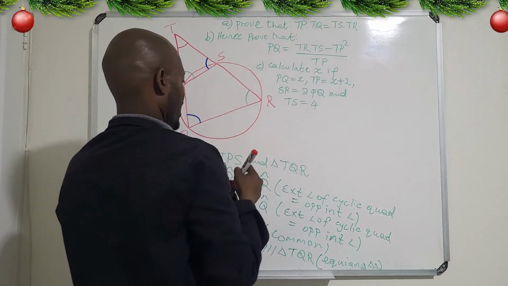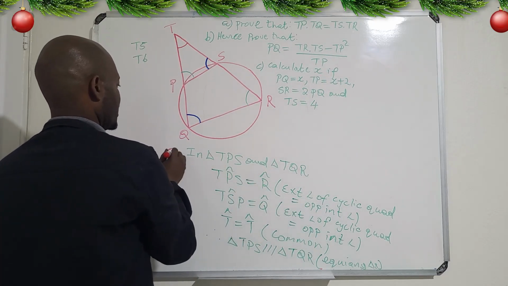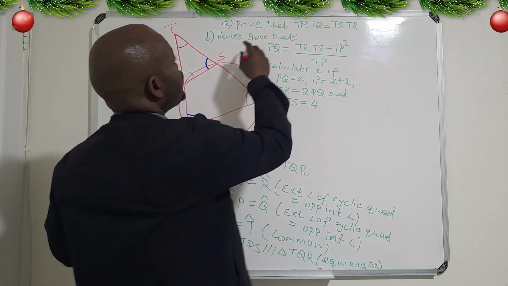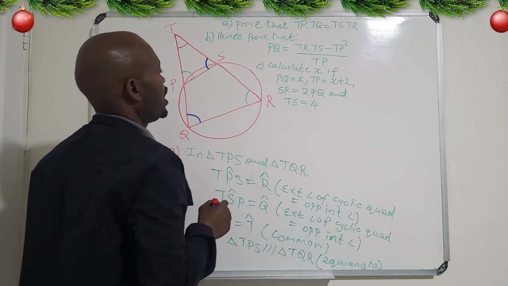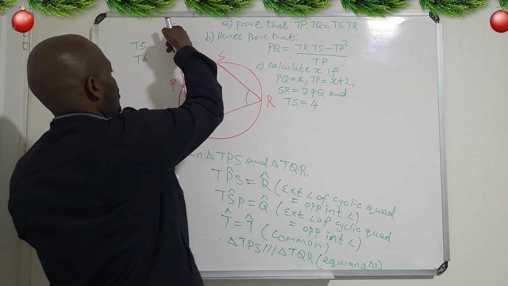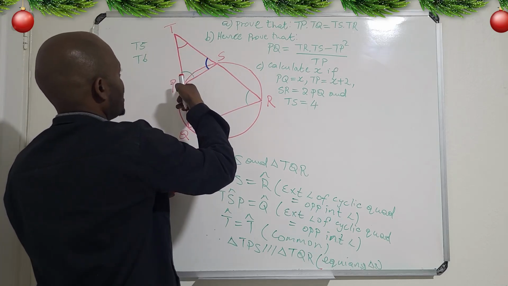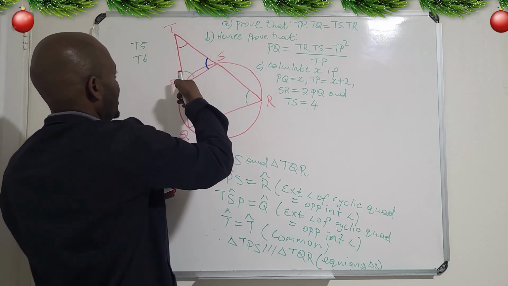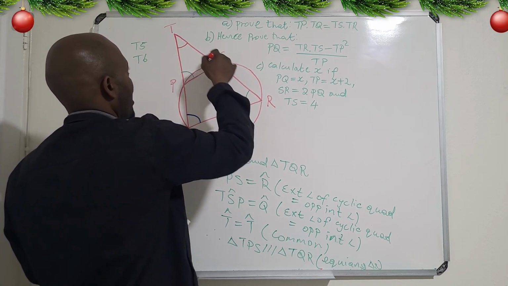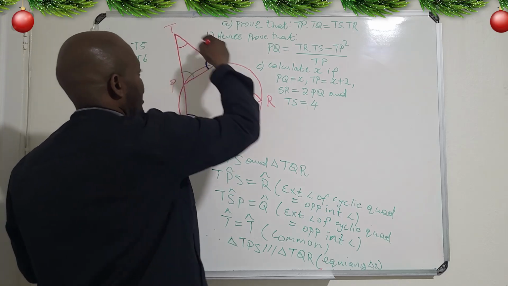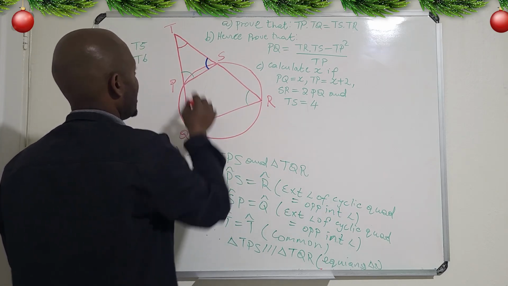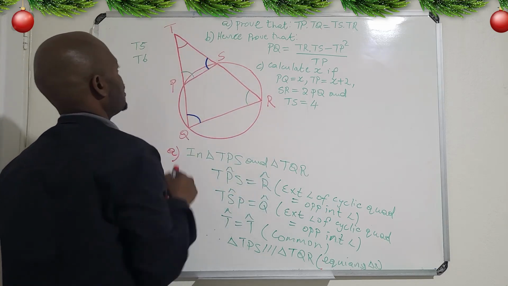Now, we are told to prove, so we have proved similarity. Now we can prove our A. Obviously, A starts here. Therefore, now we can prove that. We set up our ratio. Since they talk about TP, and TP is opposite this angle in this triangle, TR is opposite this angle in this triangle.